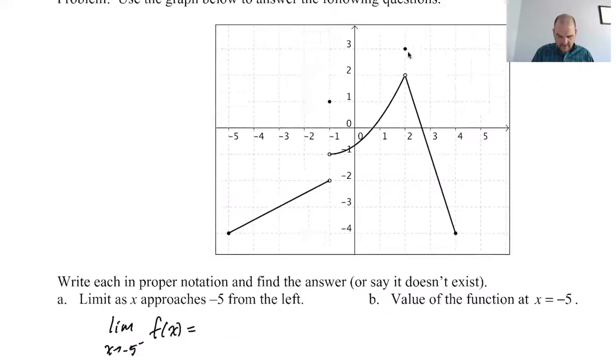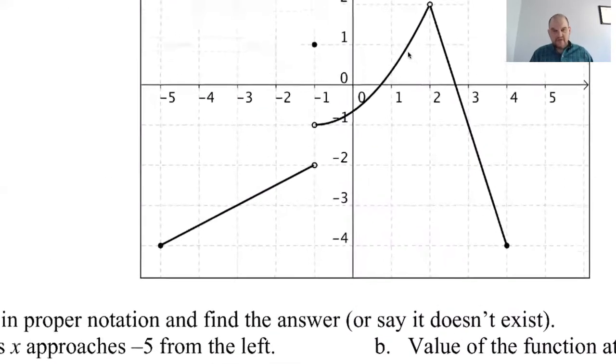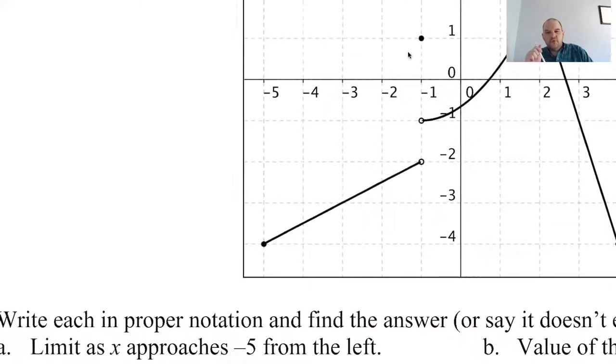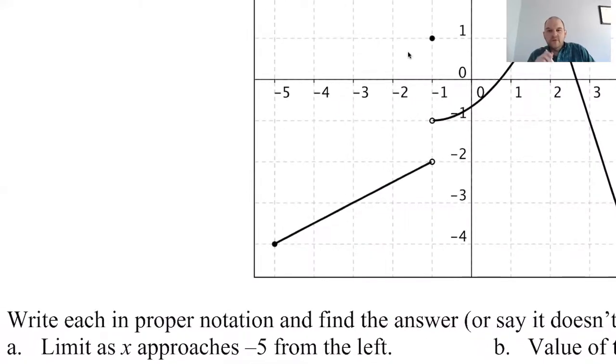and then that's going to be equal to, all right, let's see. So I want to, well, look at this. I want to approach -5 from the left, but that puts me out here somewhere where the function doesn't even exist. Usually in class we have a discussion about this, but this is not a reasonable question.